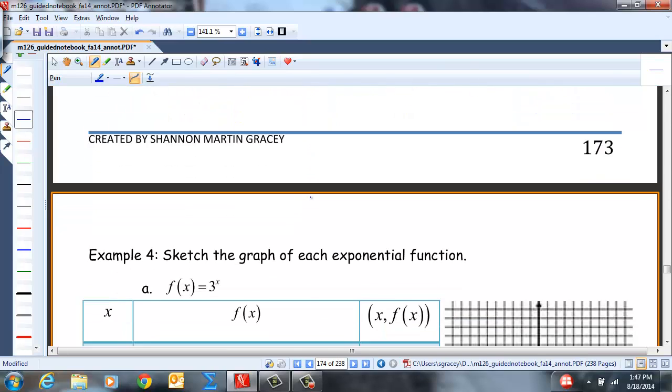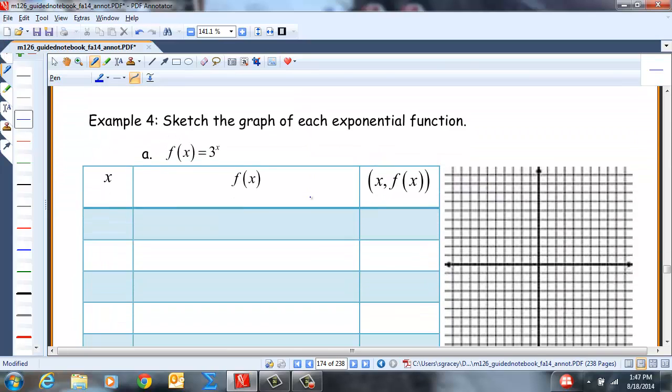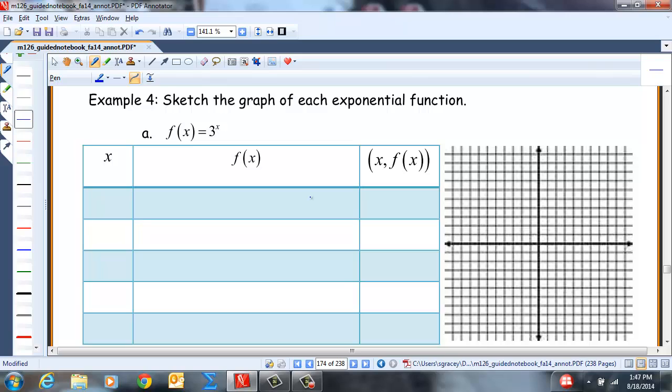All right, so then here's another example. A little bit different of a transformation here. So why don't you go ahead and pause the movie and do these graphs and see how you do.